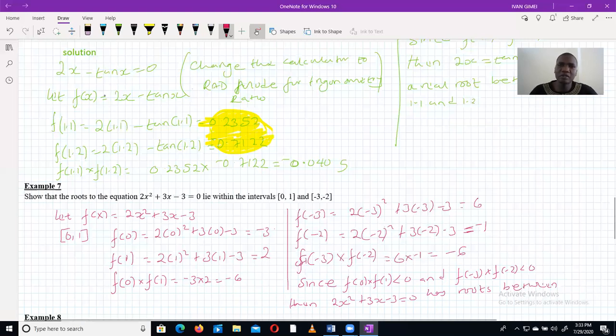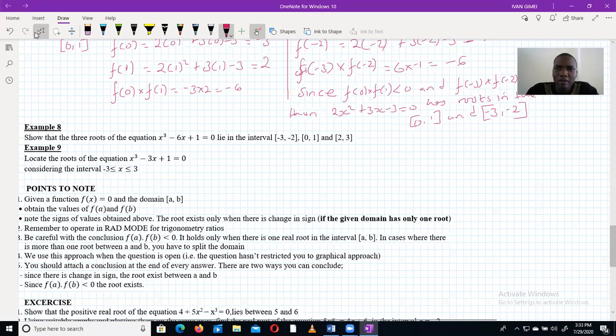Let's try to maintain the language given in the question. Has roots in the intervals 0, 1 and negative 3, negative 2, like that. So it has roots in those intervals.